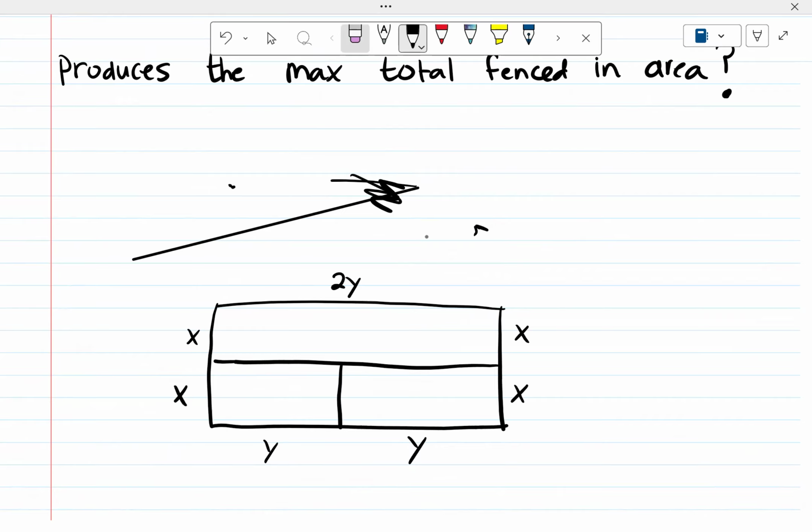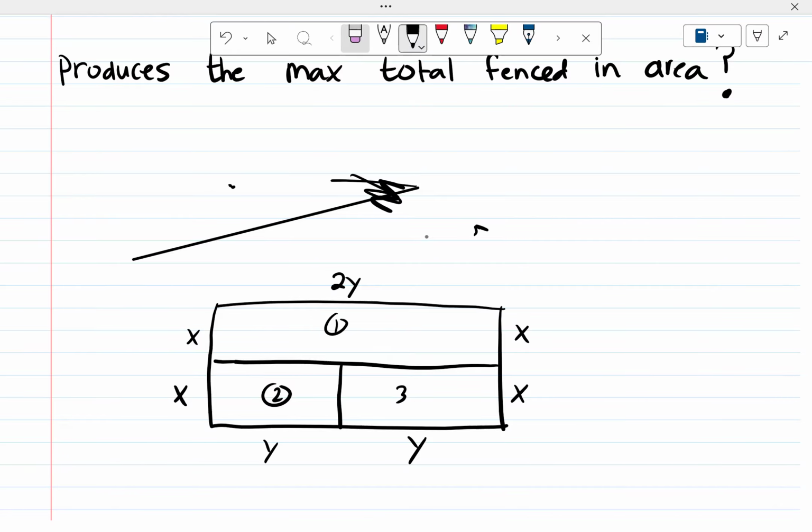Okay, so this is the image that was given. Let me reread the problem. A rancher has 100 yards of fencing as seen in the figure below. All three pens, so pen 1, pen 2, pen 3, have the same width of x. Which value of y produces the max total fence area?